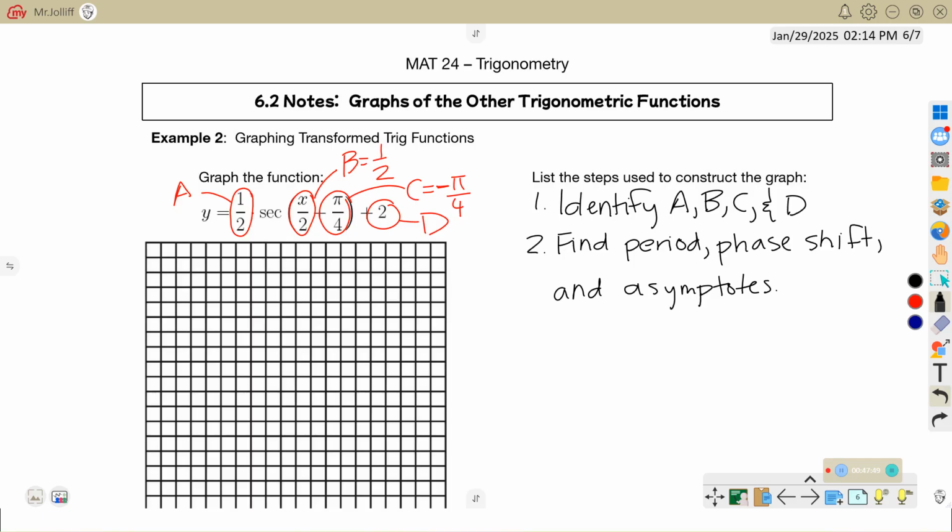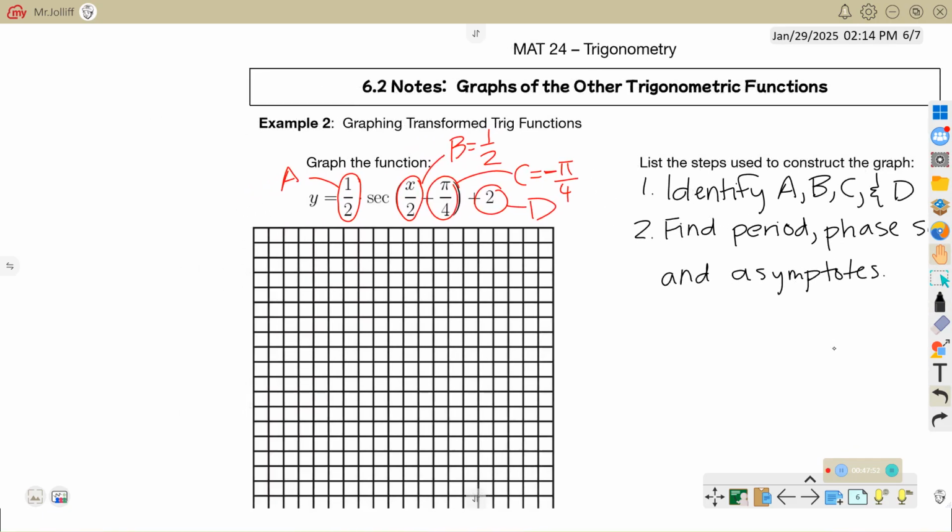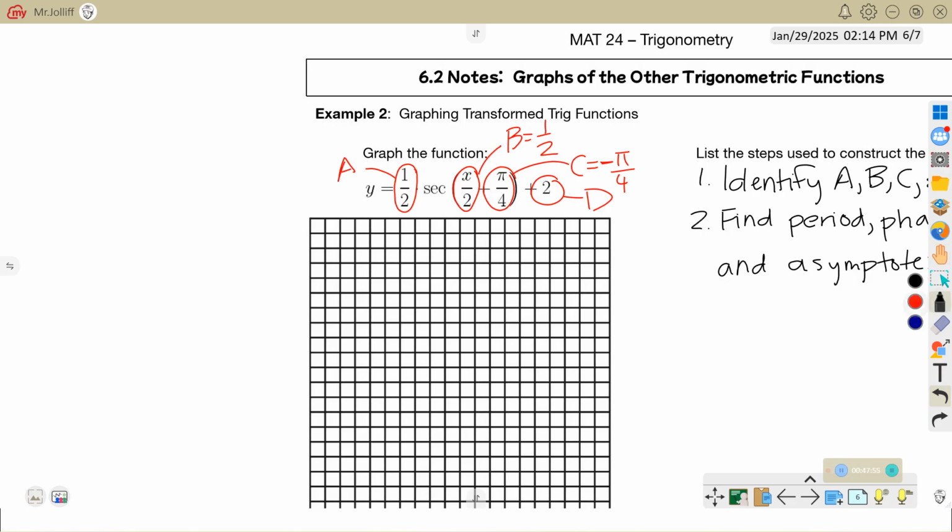So let's do that. I'm going to scooch you sideways because I write big. So we're going to do 3 calculations. They ask us for period, phase shift, and asymptotes. I like to be organized. I know I'm going to be doing the same calculation set over and over again. We start with period.